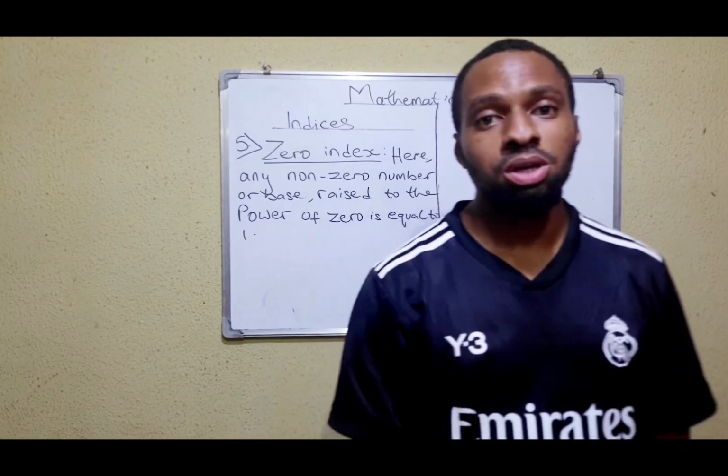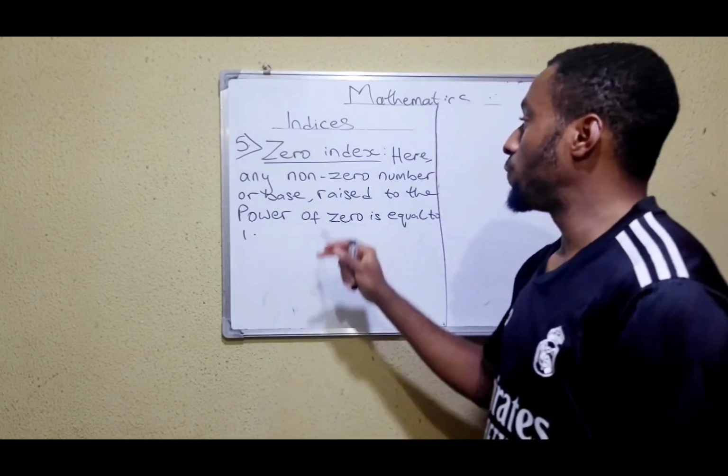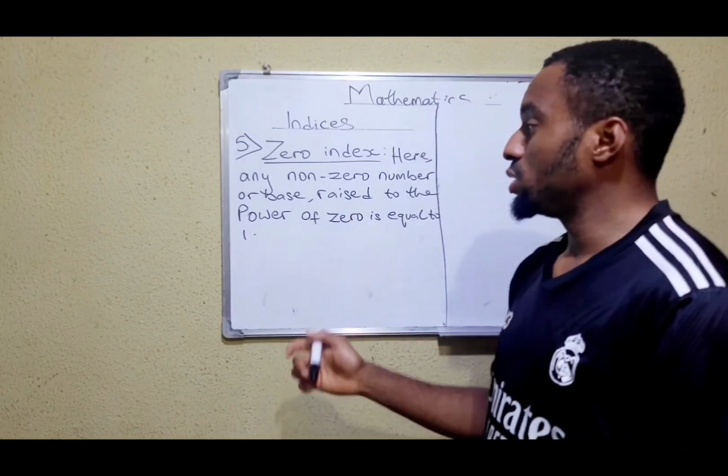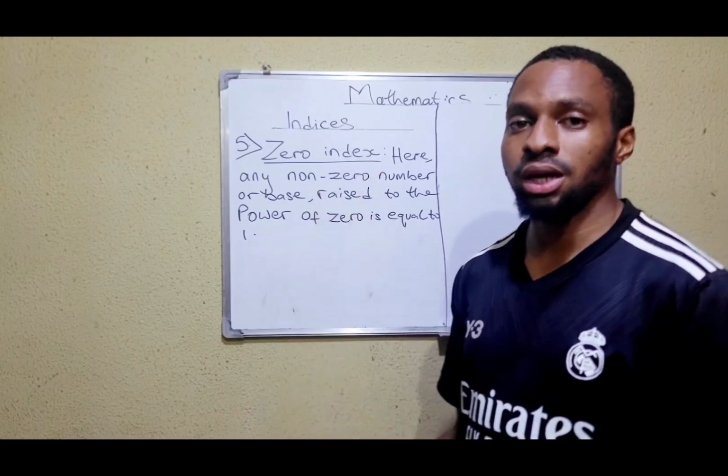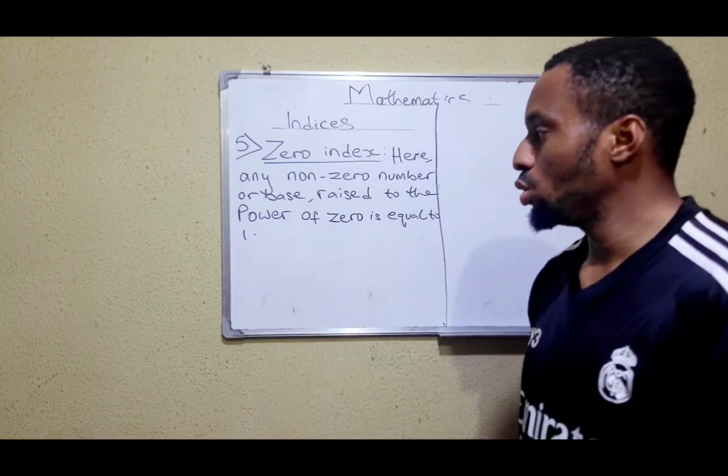Yes, no matter how big or small the number is, so far as it is not 0, when it is raised to the power of 0, the number is equal to 1.